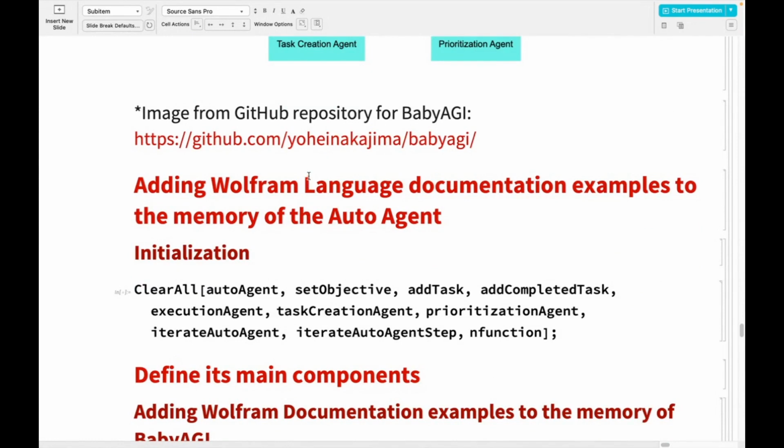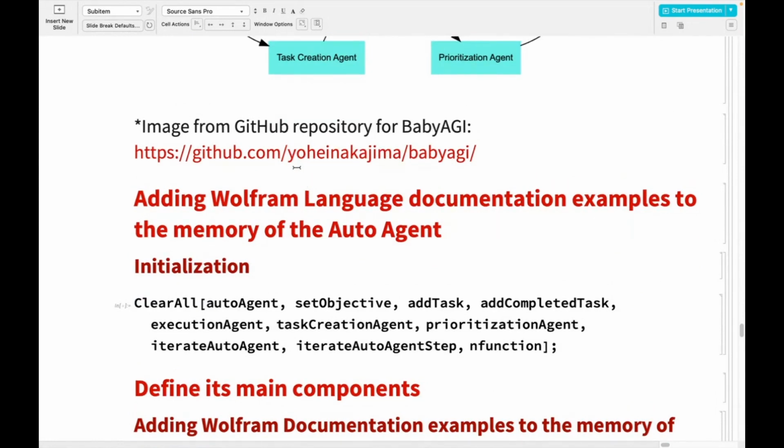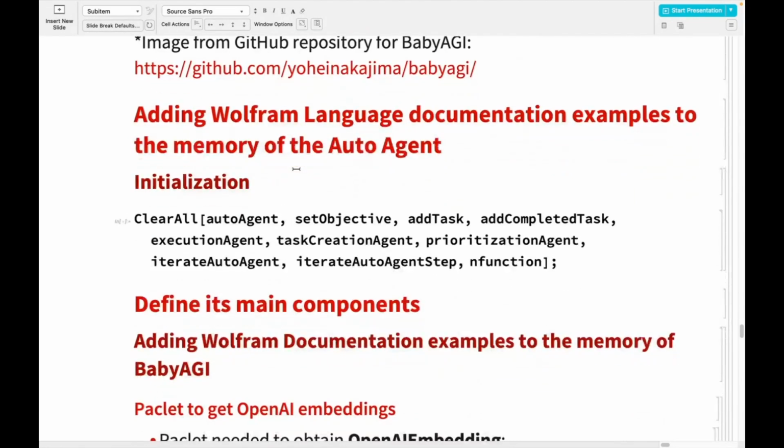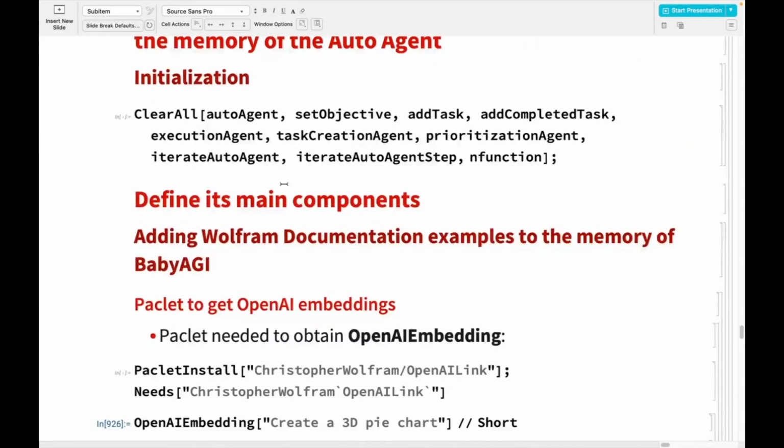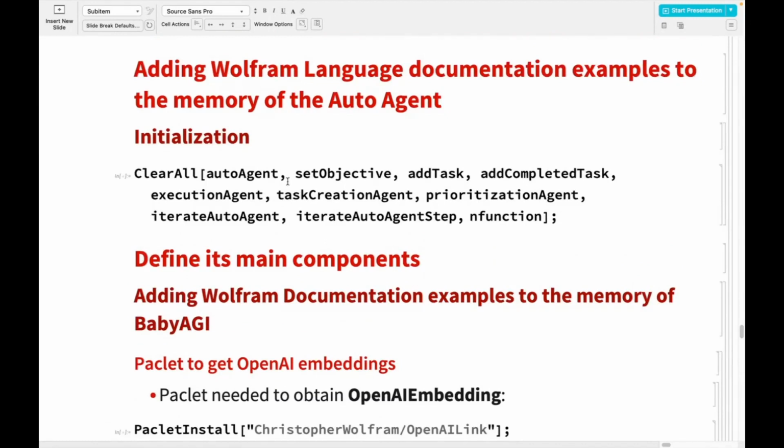I think he managed to decrease the number of lines of Python code to 100-something. So I decided, let's try to implement a Wolfram Language version of BabyAGI. And I managed to shrink it to 50-something lines, which we will see here.